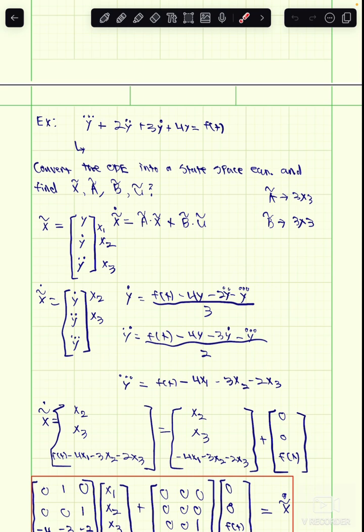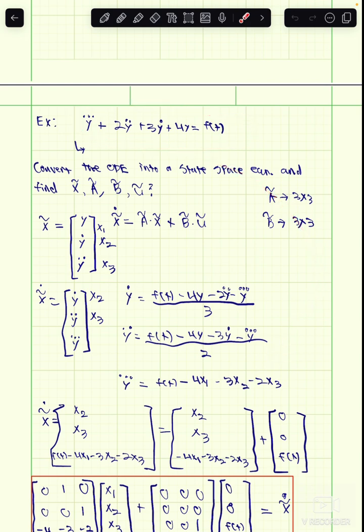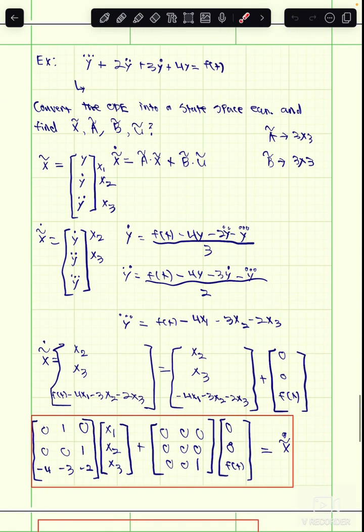Therefore, we want to write the entire differential equation in terms of y triple dot. And then once we do so, we will replace each of the individual function or derivative values with its respective state, since we are writing the state space equation in terms of its states.